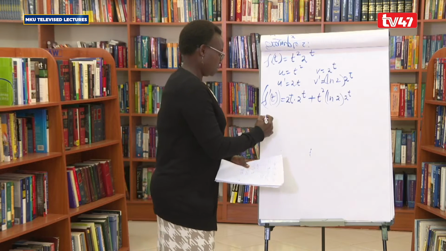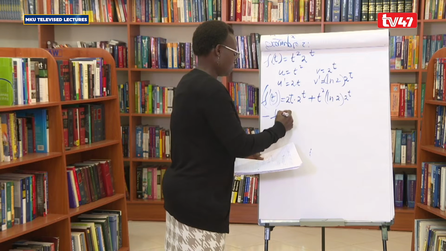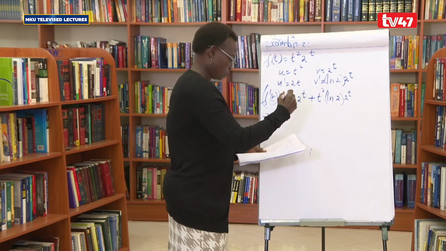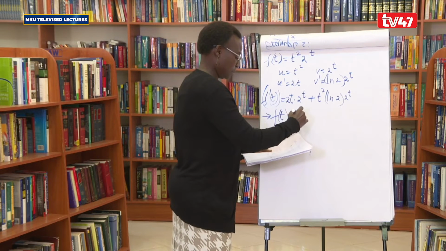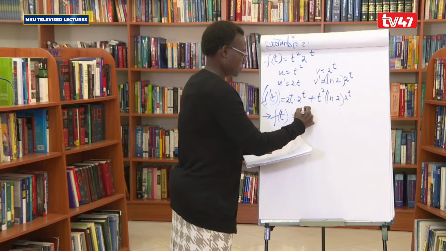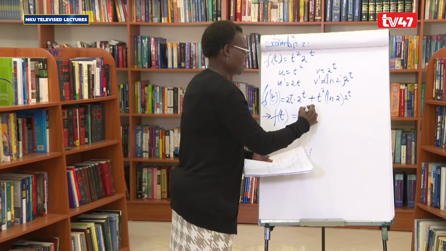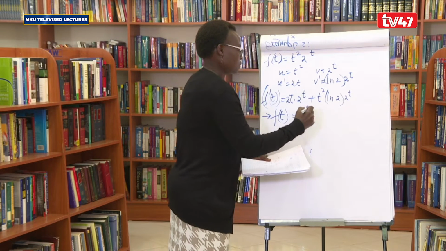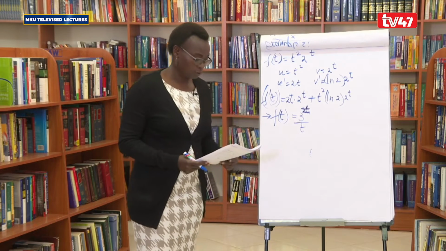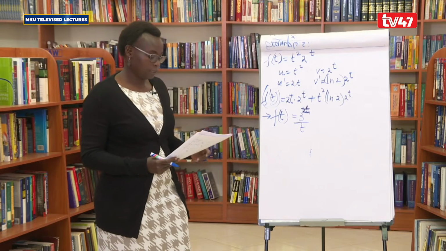Then we can still do another example where we have rather an exponent in a quotient, 3 to the 2t over t. So this is 3 raised to power 2t over t.